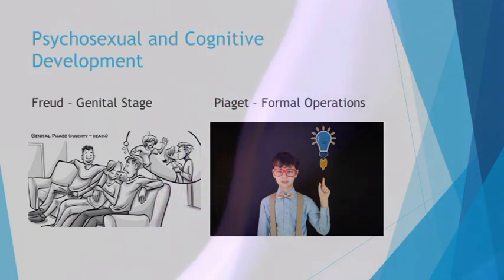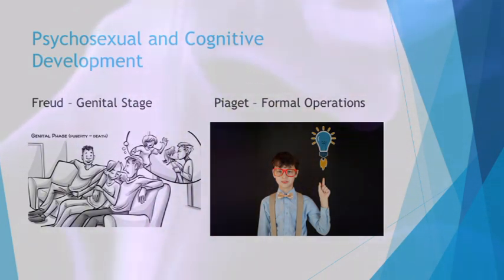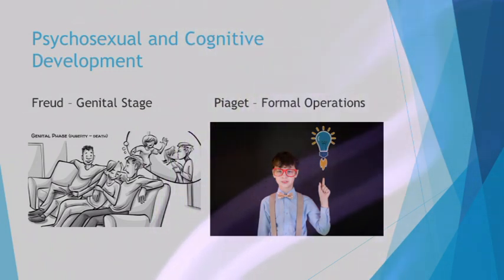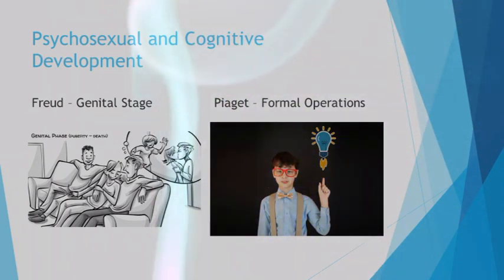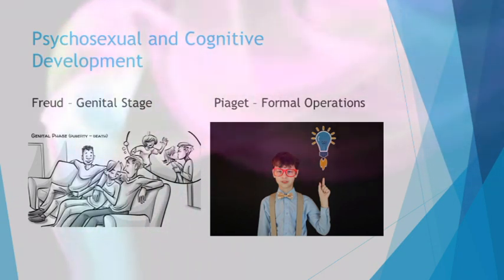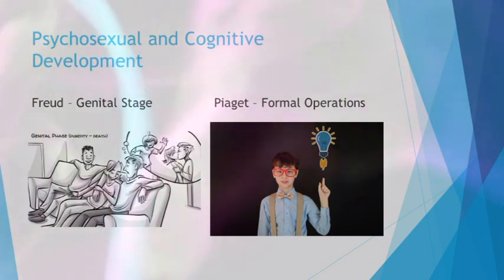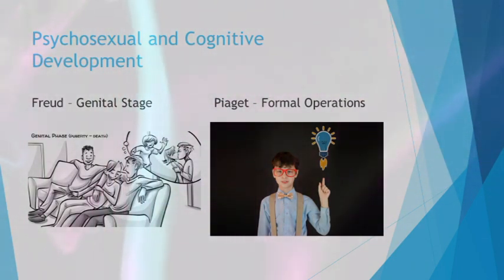And so Freud here emphasized the importance of resolving unresolved conflicts during the earlier stages, particularly what he called the Oedipus and Electra complexes, which involve feelings of attraction toward the opposite sex parent and rivalry with the same sex parent.